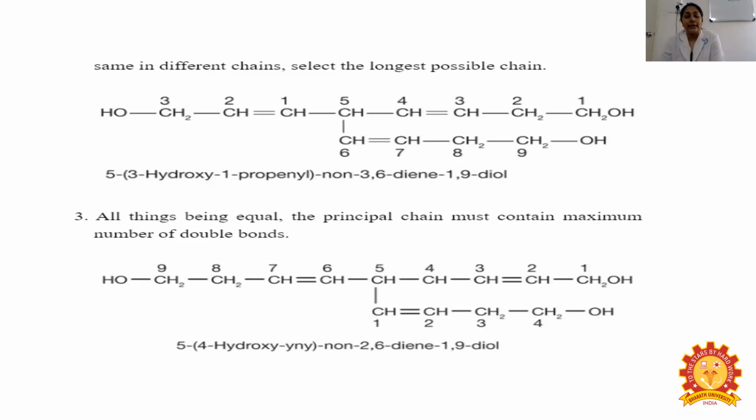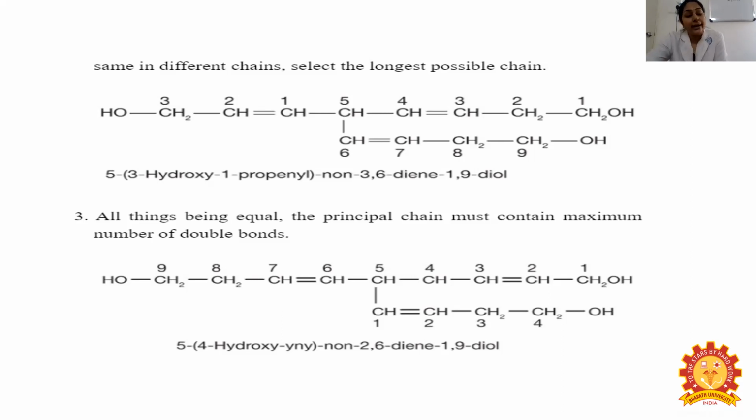Hydroxy CH2, that is, the hydroxy group is there. That is 1, 2, 3, 4, 5, 1, 2, 3. The double bond should always be given the lowest number. That is, the functional group, followed by the double bond, followed by the triple bond, followed by the substituents.